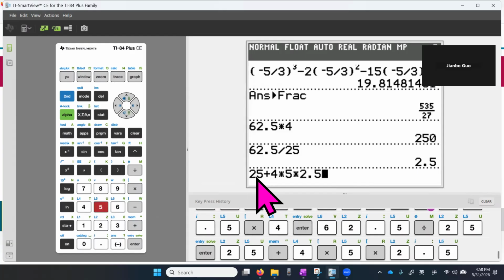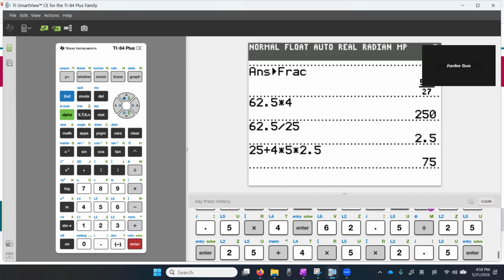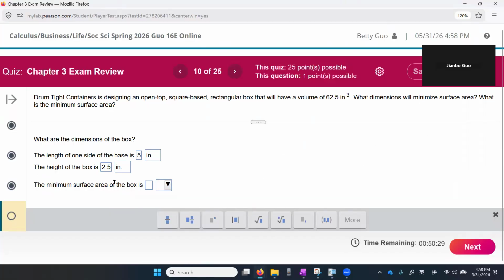Right, bottom length is 5, so bottom area is 25. The wall is 4 times 5 times the height. The height is 2.5. That gives 75 inches squared, square inches, because it's a two-dimensional concept.